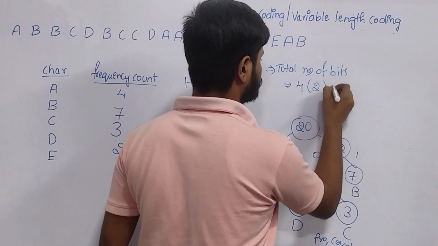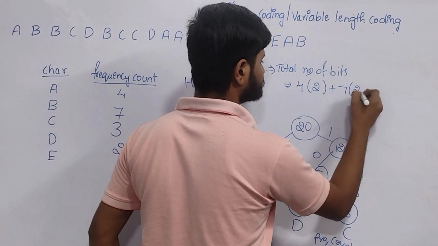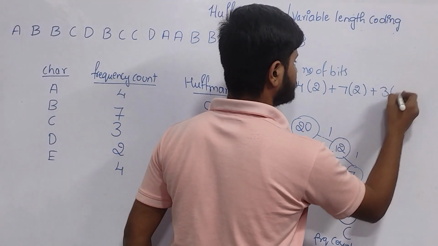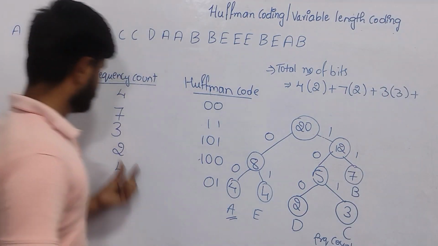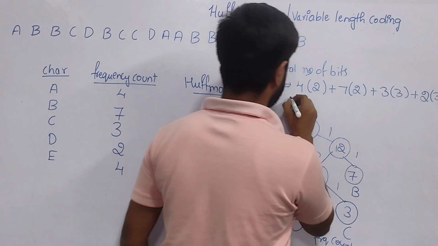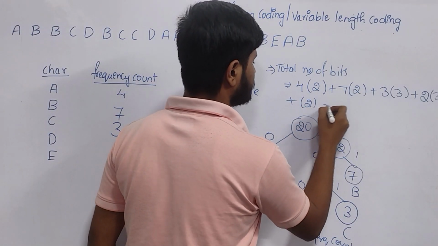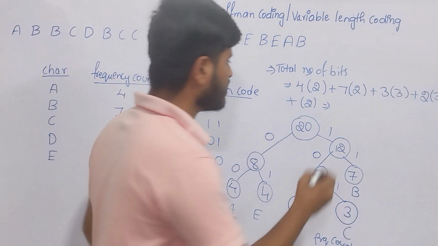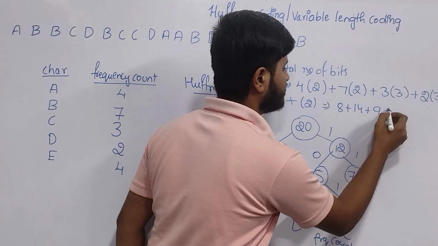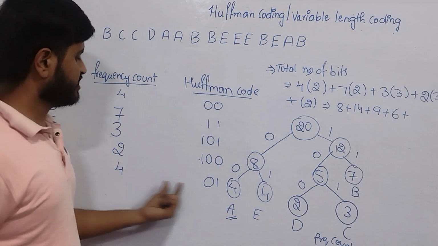So 4 into 2 plus 7 into 2 plus 3 into 3 plus 2 into 3 plus 4 into 2. So if you find the value, 4 2s are 8, 7 2s are 14, 3 3s are 9, 2 3s are 6 plus 4 into 2.